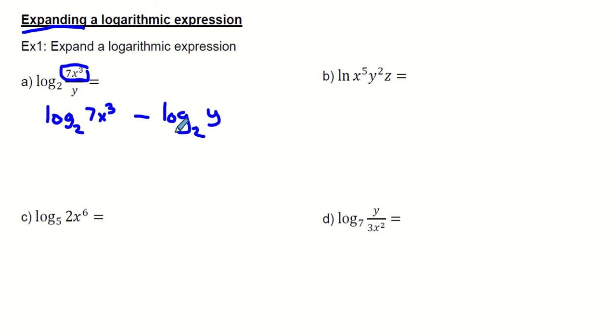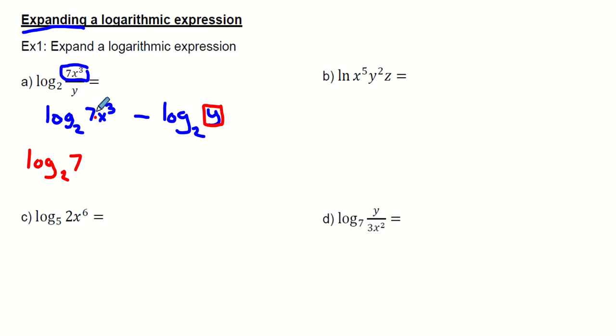All right. So we're still not finished because now here there's nothing more we can do with this one because nothing's happening here. There's just a y there. But in this log we have 7 times x to the third. So we have multiplication inside the argument. And multiplication becomes addition. So this would become log base 2 of 7.